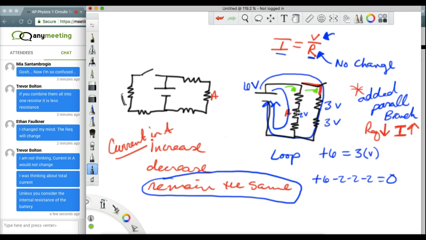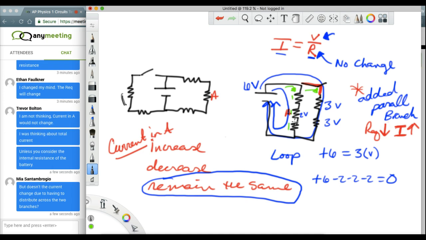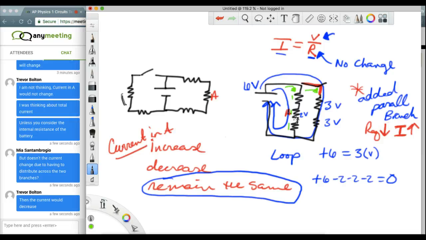So let's say if each one of these resistors was 1 ohm, the equivalent resistance here would be 3 ohms, so 6 divided by 3 would be 2, so 2 amps would be my current going in initially.